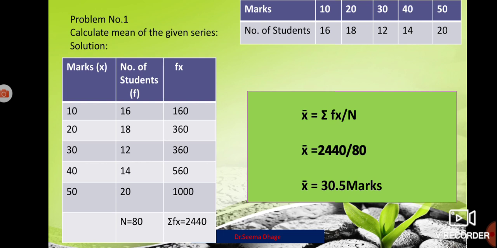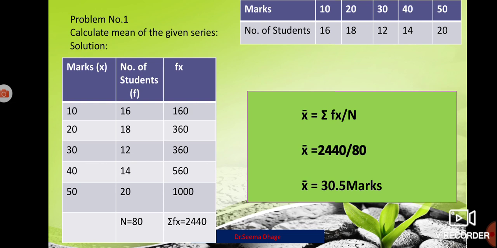Now, we have to multiply the variable of each row with the respective frequency, and then we have to denote these products by fx, and then we will enter the same in a column headed fx. So, first row 10 multiplied by 16, 160, 20 multiplied by 18, that is 360, 30 multiplied by 12, 360, 40 multiplied by 14 is 560, and 50 multiplied by 20, that is 1000.